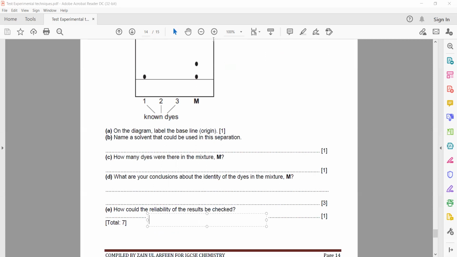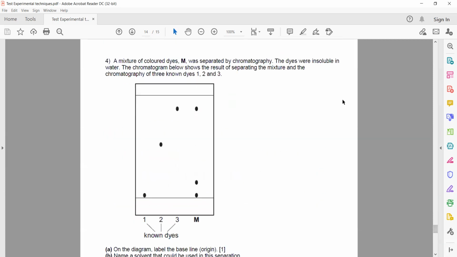How is it 3? Because there are 3 spots, and the number of spots shows the number of dyes. As you can see, for M, how many spots are there? 1, 2 and 3. So M contains 3 substances: 1 is present in M, 3 is present in M, and this one, an unknown substance, is also present in M. And how do we check the reliability of the result?